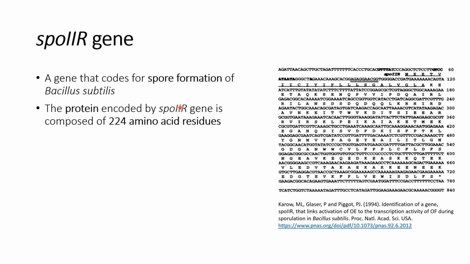Again, protein is made from amino acids, okay? So, baliktarin natin, amino acid is the building blocks of protein. So, guys, proteins are made from several amino acids. So, here, specifically, 224 amino acids comprise the spores of Bacillus subtilis.